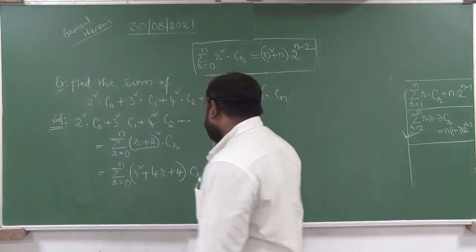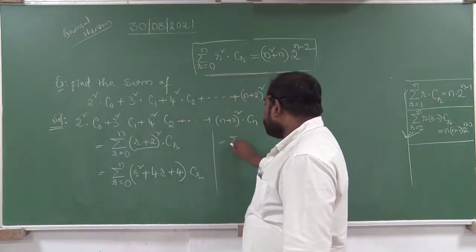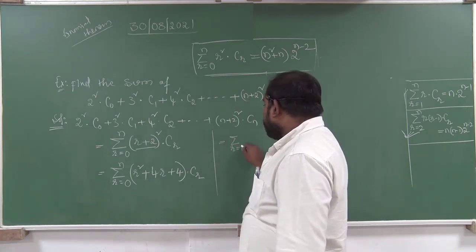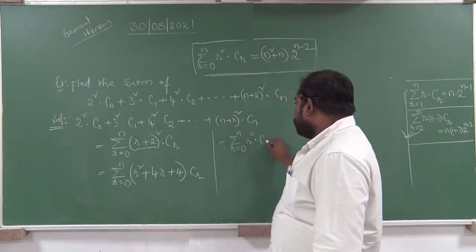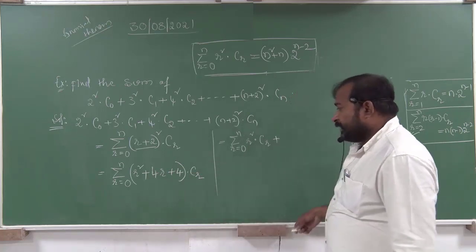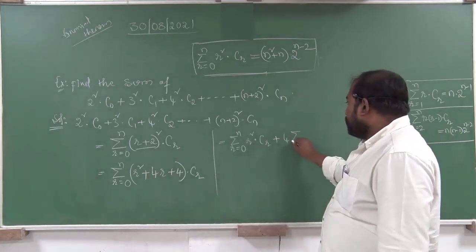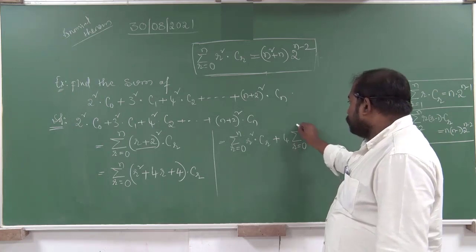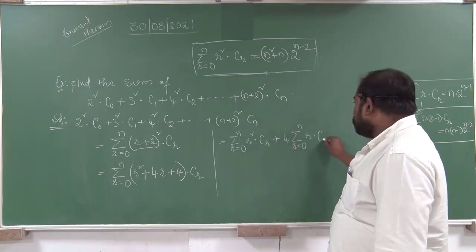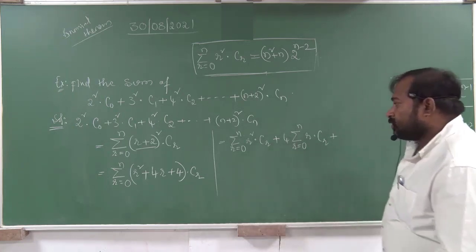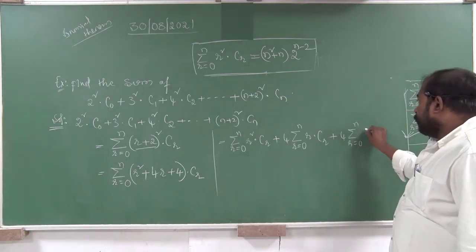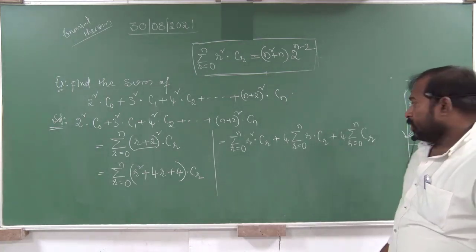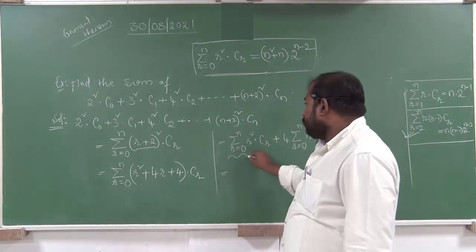Now in the next step, this equals sigma r is equal to 0 to n, first value r square into Cr, plus next value 4 into sigma r is equal to 0 to n, r into Cr, plus last value 4 into sigma r is equal to 0 to n, Cr. Now what about these values?